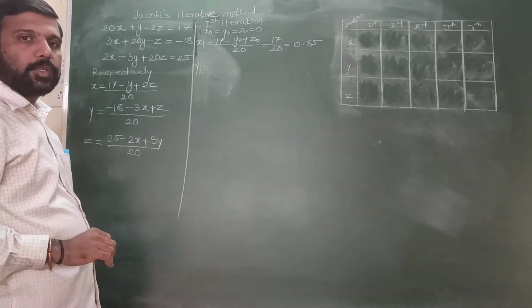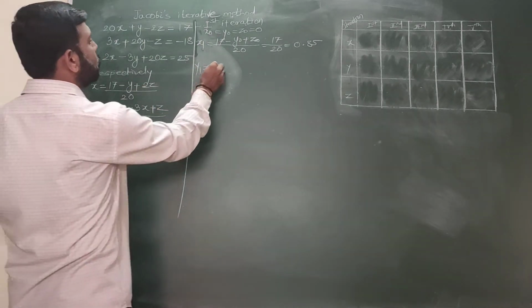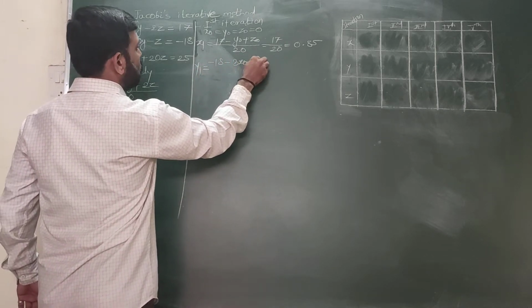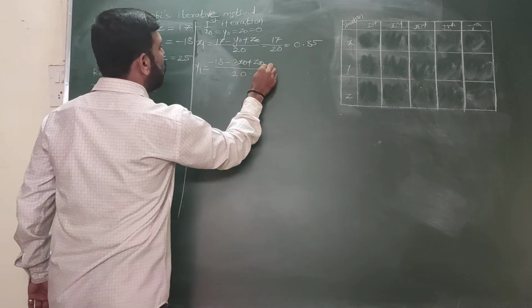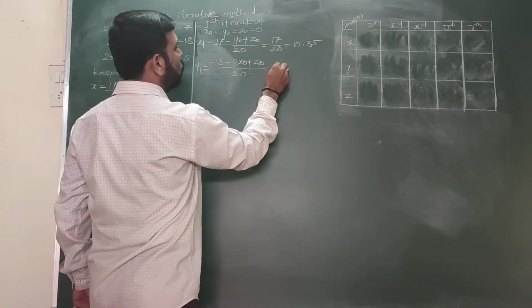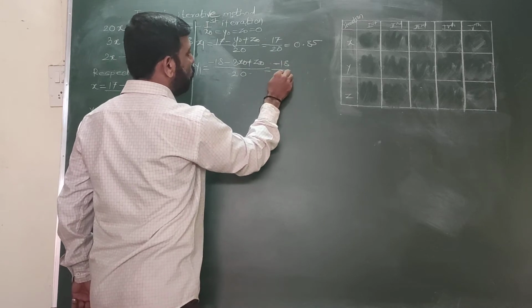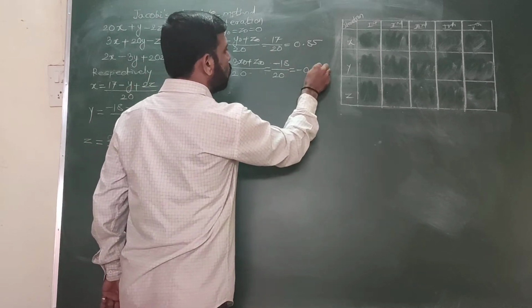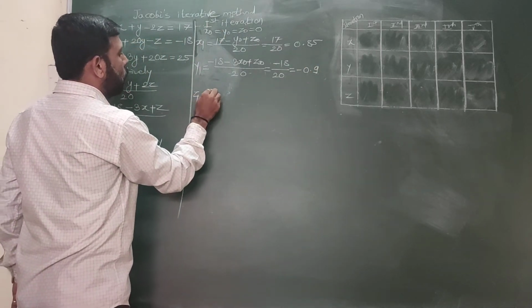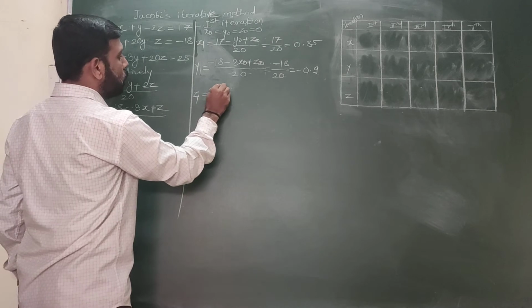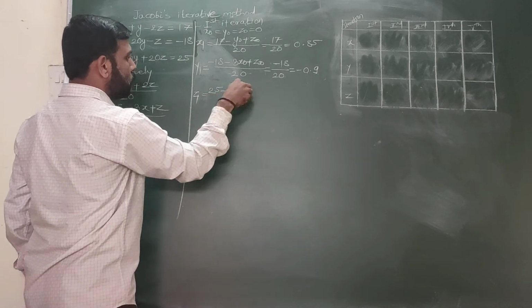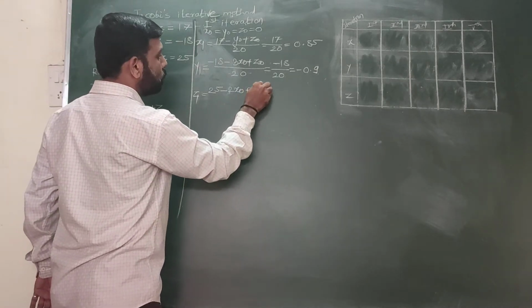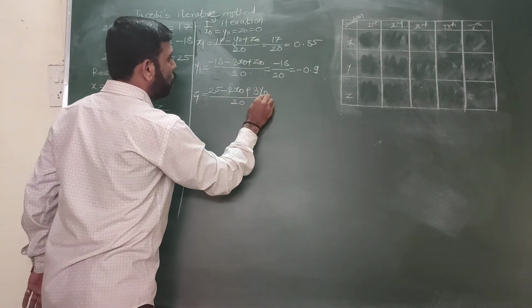y1, the first approximate value of y: minus 18 upon 20, but x0, z0 are 0, so minus 18 upon 20 is minus 0.9. z1 is 25 minus 2x0 plus 3y0 upon 20.